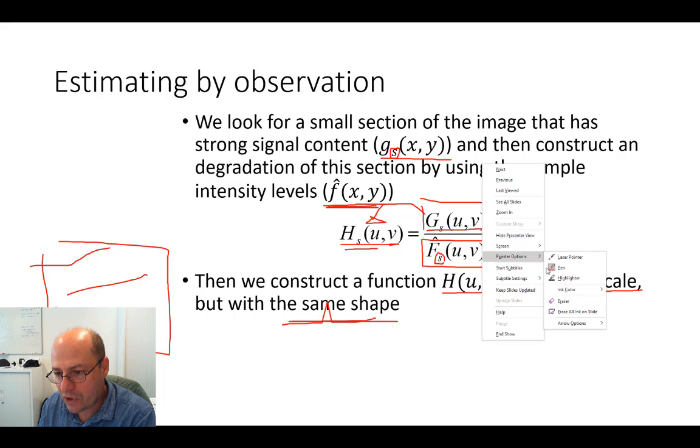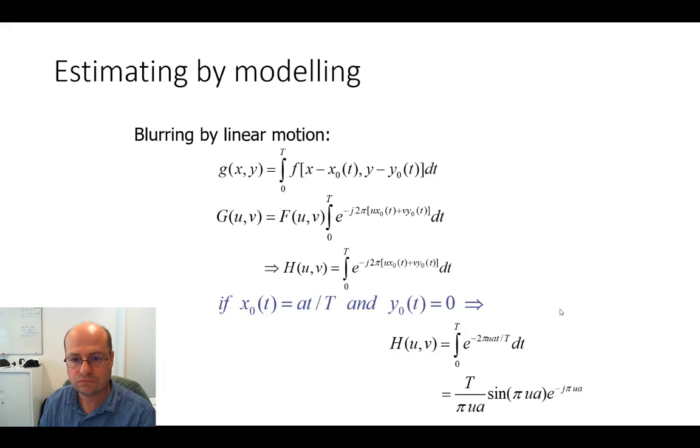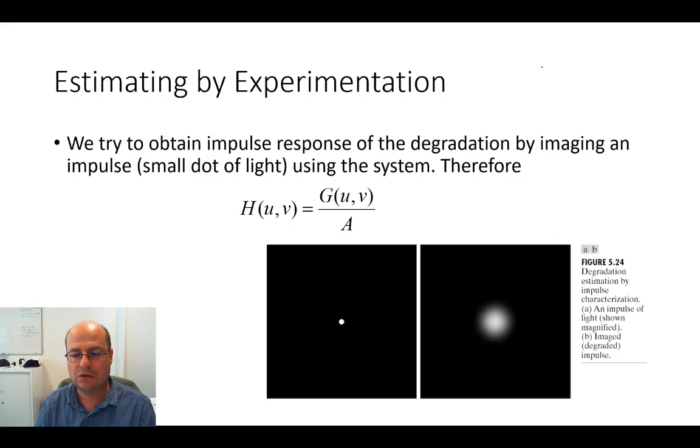Or, we try to obtain an impulse response of the degradation by imaging an impulse, a small dot of light, using the system, and we model your Gaussian using the output, and you know that your image is an impulse, so you have it as input to the system.